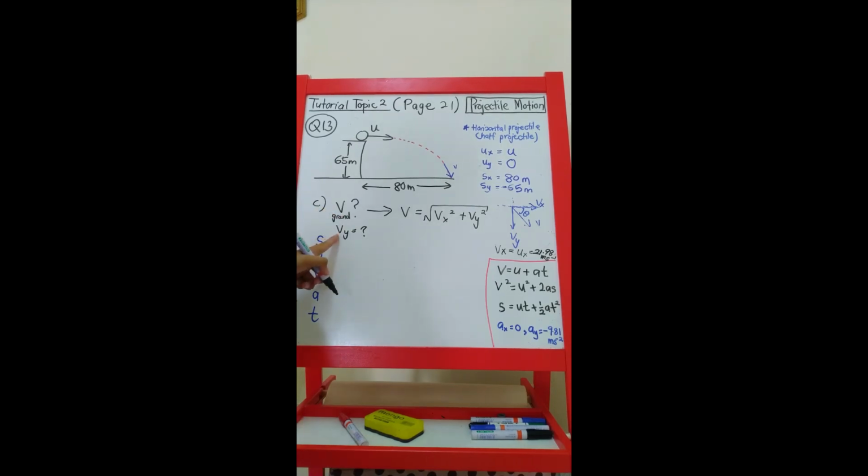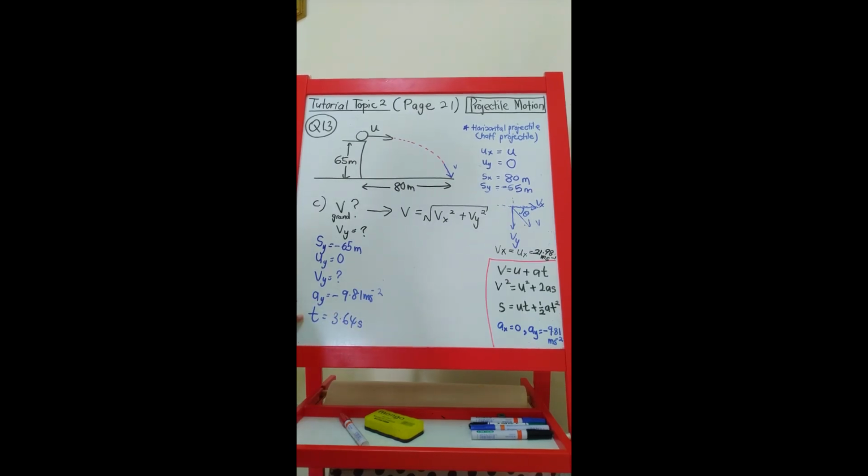So how we're going to find vy is by doing Suvat analysis, because vy is not equal to uy, remember that. So Sy, we have negative 65. Uy is 0. Vy we want to find. Ay equals negative 9.81, and the last one, time, we have 3.64 seconds.